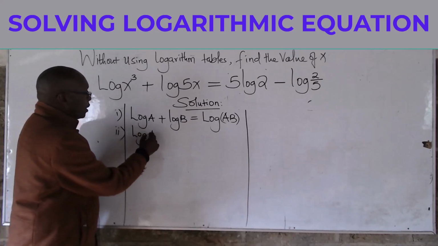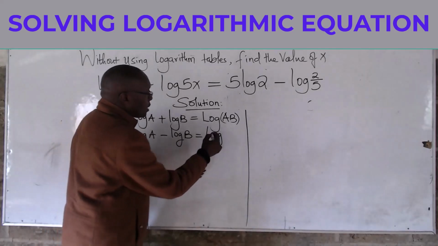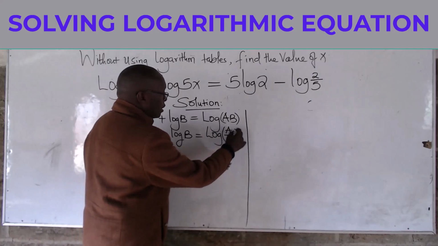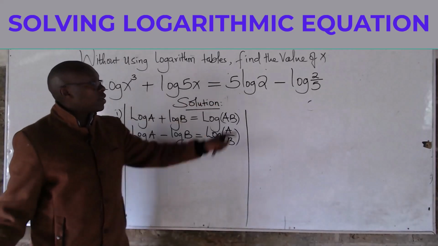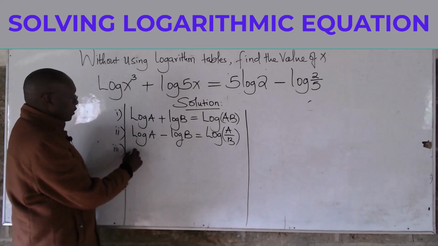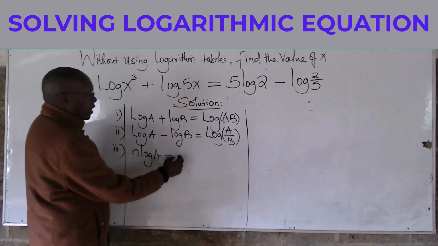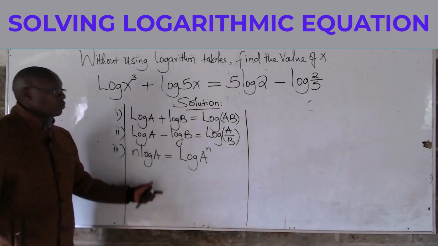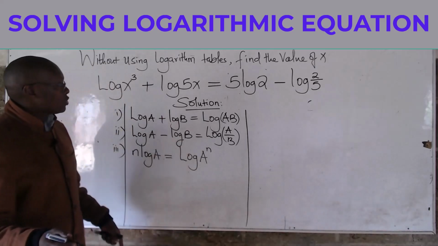Given logarithm of A subtract logarithm of B, we can simplify it and write it as a singular log: logarithm of A divided by B. Still another one that you're going to use on the right-hand side, where we have 5 logarithm of 2: given n logarithm of A, this can be simplified as logarithm of A raised to power n. So these are the 3 important basic laws of logarithm that you're going to employ in solving this question.